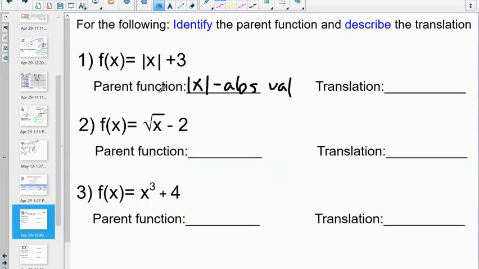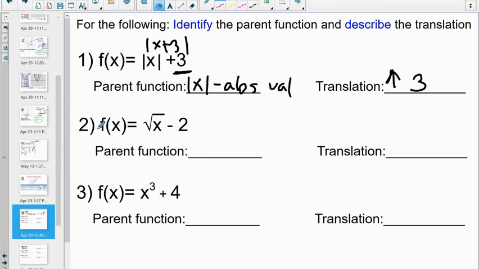But that 3 is not within, it's not x plus 3. If it was like that, then it would be horizontal. But since it's on the outside, then it's a vertical change. So it's going up 3. Because if it said plus 2, then it would be up 2. If it was minus 3, then it would be down 3.